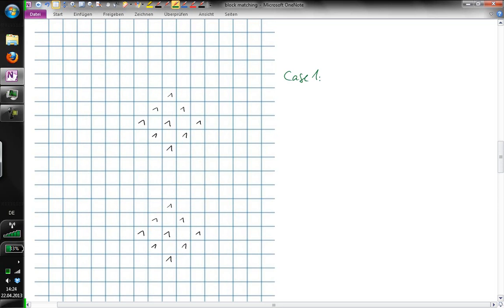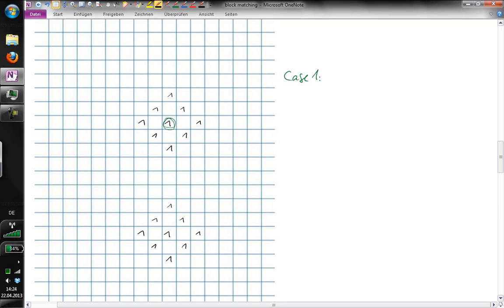Let's say case 1 is that we compute the sum of the absolute deviations at each of these positions, and the lowest distortion was measured at the central pixel. The funny pattern that you've seen here has a name. It's called the large diamond search pattern.